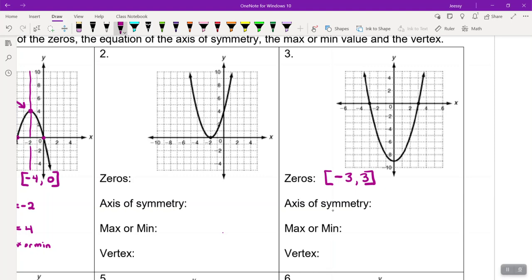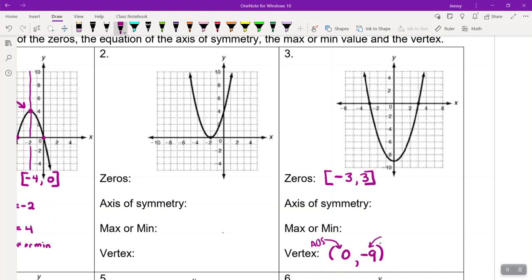Let's do the vertex. Let's do it differently this time. What's the vertex? It's 0, -9, right? And I already know that this is going to be the axis of symmetry.